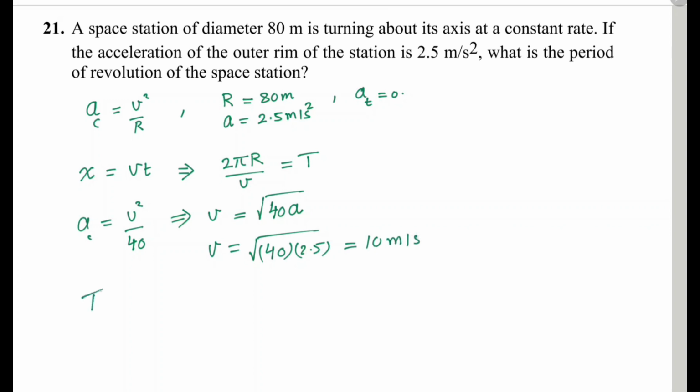So the period equals 2 pi times 40 divided by 10, or equals 8 pi, or 25.1 seconds.